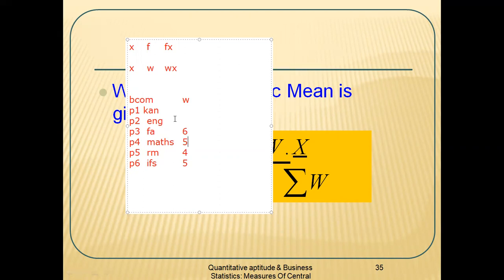Then English is also required. So 5, 4, 3. And the last weightage will be given to the language paper. By assigning weights to the respective marks secured by them, I'll calculate the weighted average, which will be completely different.